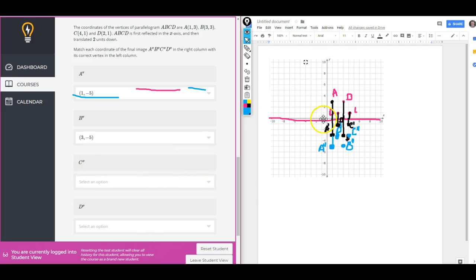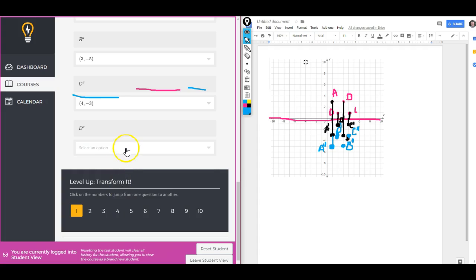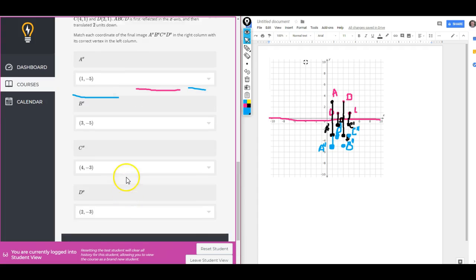C double prime is at 4, negative 3. And D double prime is at 2, negative 3. That's how I would go about doing this question.